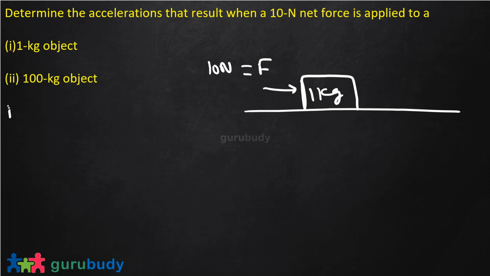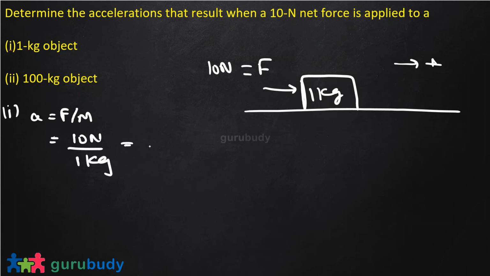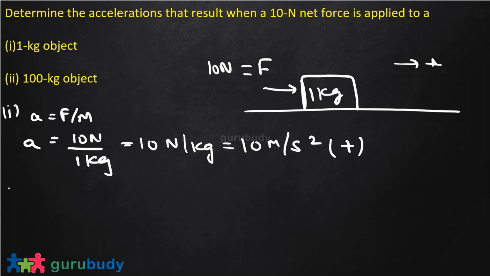So for the first one, we know acceleration is F by m. Okay, and let's say this is a positive direction. F is 10 Newton and m is 1 kilogram. So acceleration is going to be 10 Newton per kg, or you can say 10 meter per second square in the positive direction.